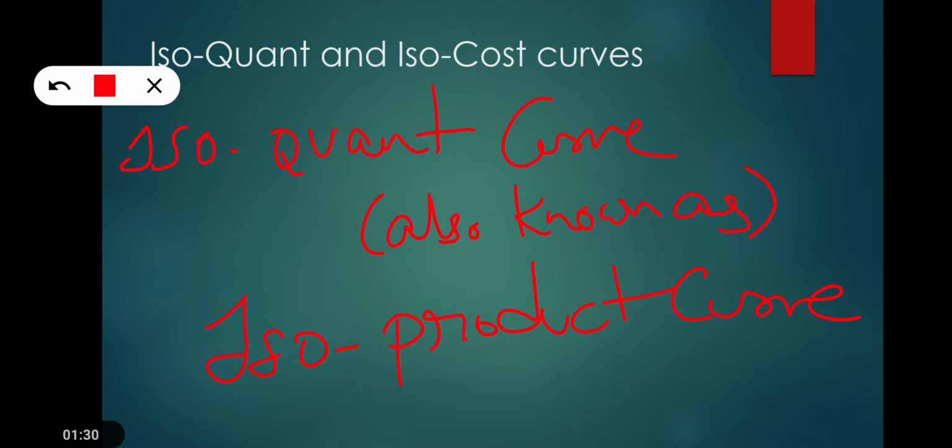Here, Iso means equal, and Quant means quantity or product output.